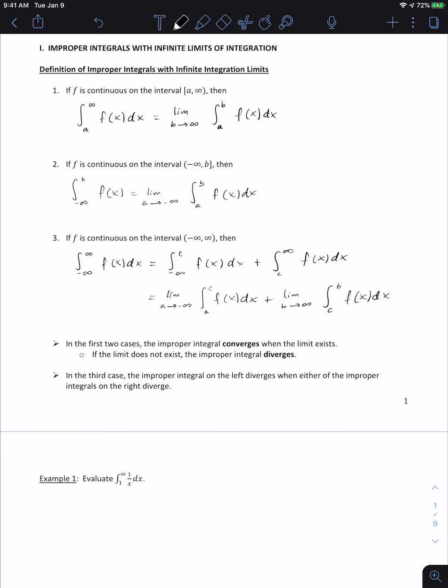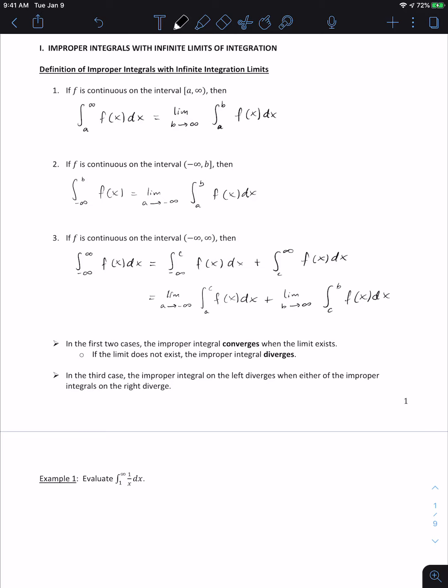So if we're looking at negative infinity to infinity, I can split it up into two different integrals. That's just properties of definite integrals for some intermediate value c, so I can go from negative infinity to c plus from c to infinity, and then I can treat each one of those like definition 1 or 2. Right? So I'm able to find the integral from negative infinity to infinity.